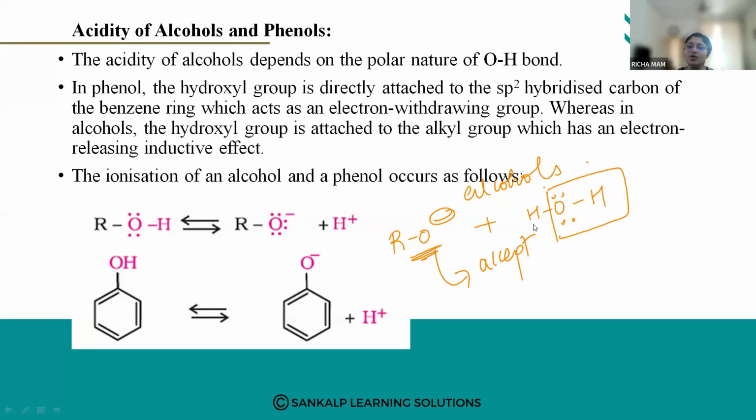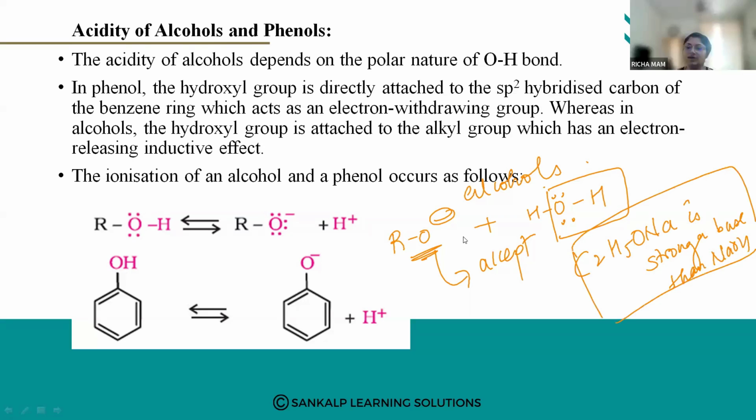Comparing sodium methoxide, sodium methoxide is a stronger base than your NaOH. So this is the theory behind why alcohol is a weaker acid than water.